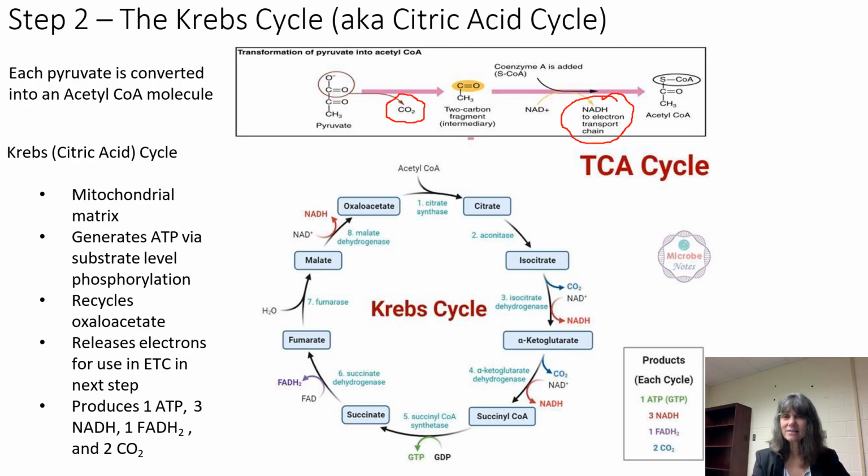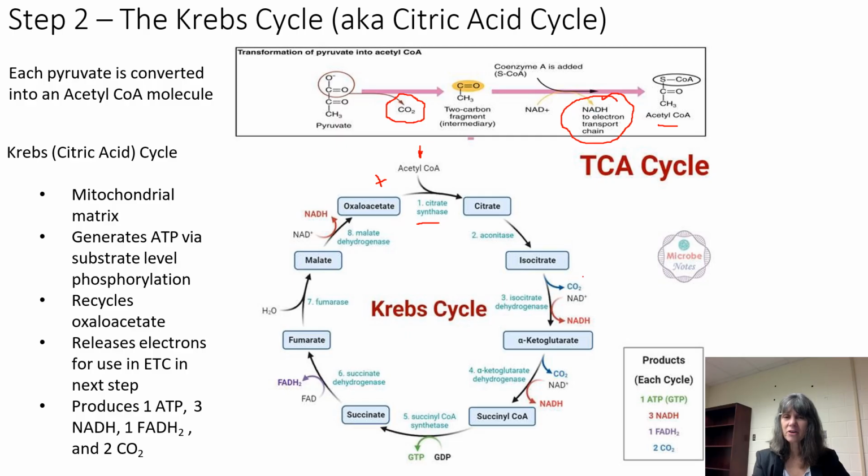Now we have acetyl coenzyme A that can enter into the Krebs cycle or citric acid cycle. And so we see acetyl coenzyme A here with oxaloacetate added to it with the help of the enzyme citrate synthase will form citrate. Citrate with aconitase will be converted into isocitrate.